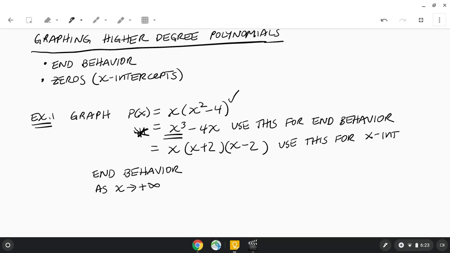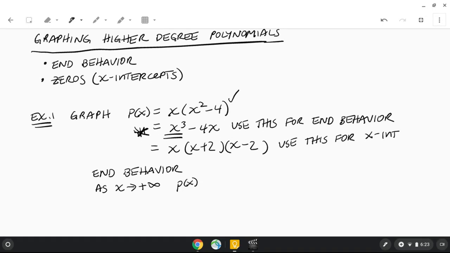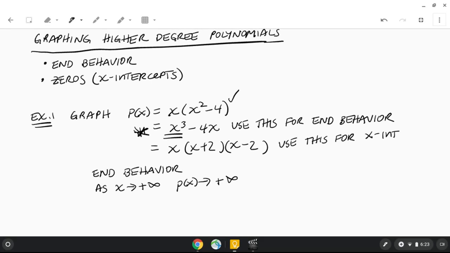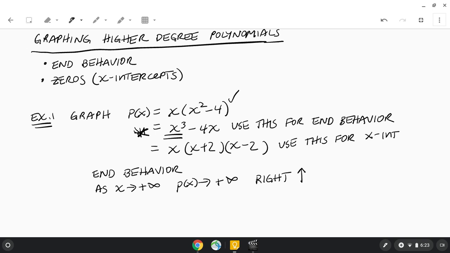When I plug 1 million into that leading term, do I get a negative result or do I get a positive result? Hopefully you said positive. Okay. So on the right-hand side, that means it will be going up or down. Which one? On the right-hand side, it will be going up.